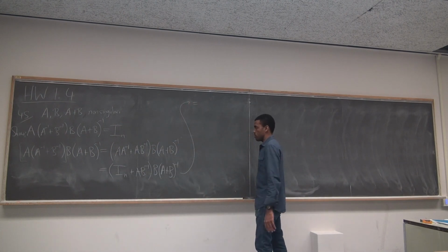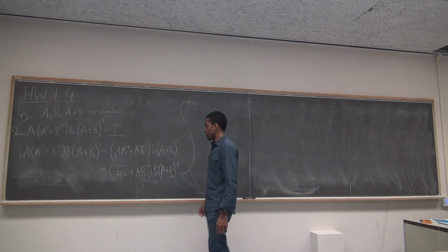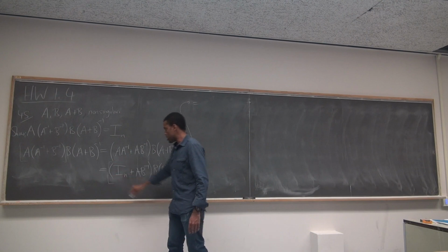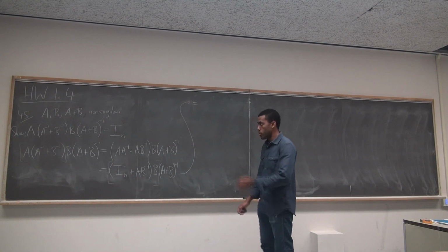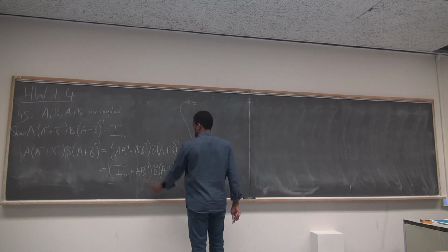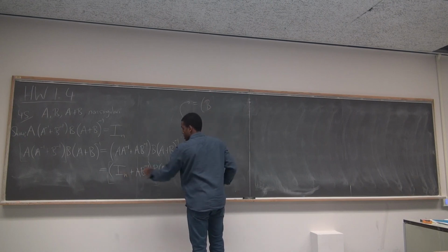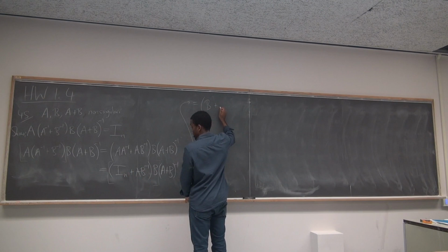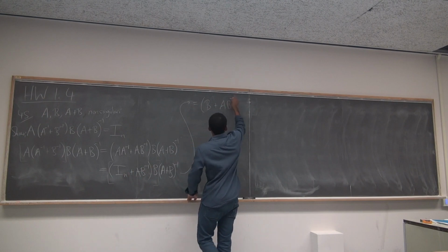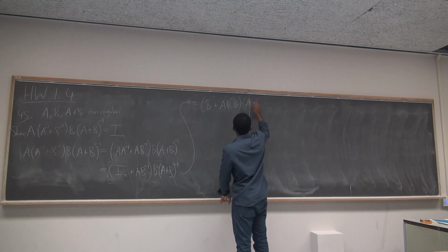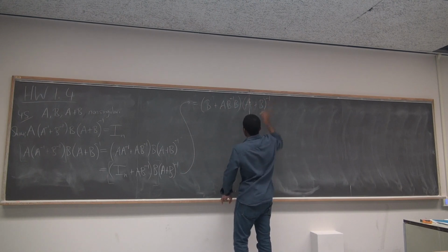Now distribute the B. By the way, I'm using the associativity laws here, so I can choose which two I want to multiply first. I times B is B, plus A B inverse B, times (A plus B) inverse.